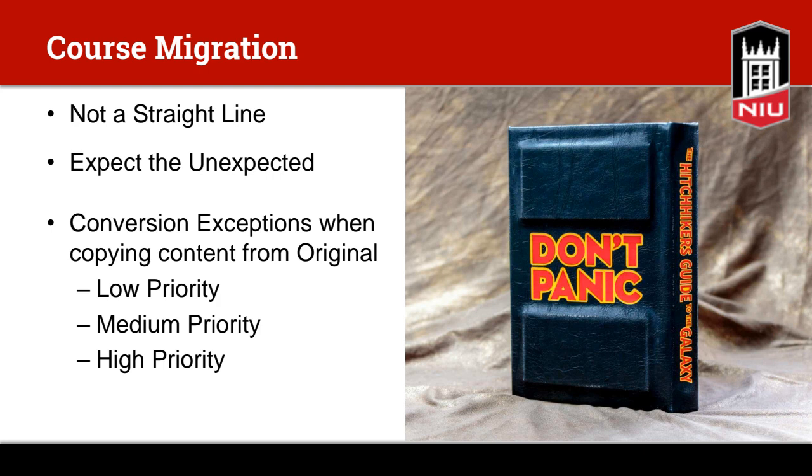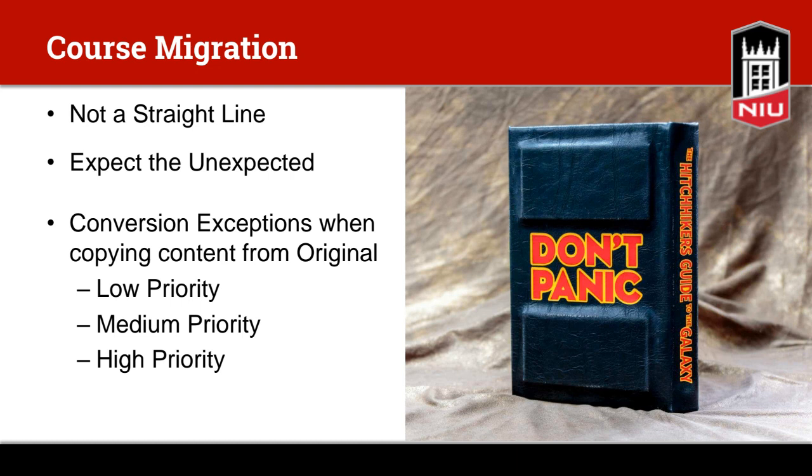There are some conversion exceptions that happen, okay, and you will be notified about these. A lot of times it will say that you've got a whole bunch of problems. You'll see this big number, but honestly, most of those are low and medium priority exceptions, which really are not a problem. They tend to be small formatting changes, things that do not affect how the course works.